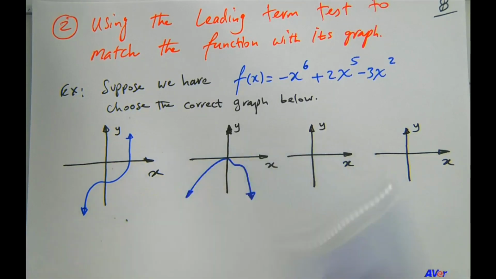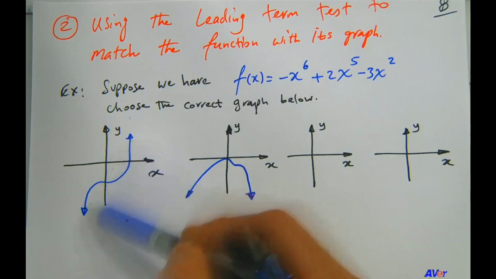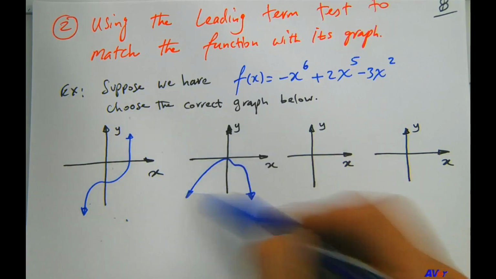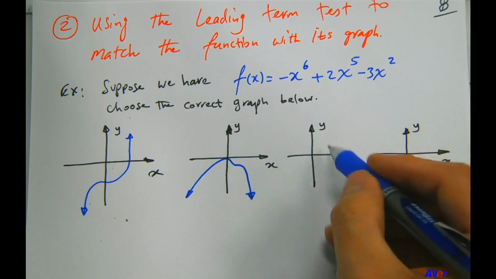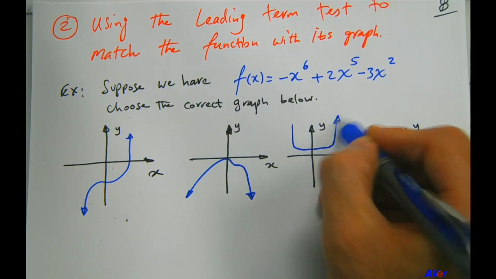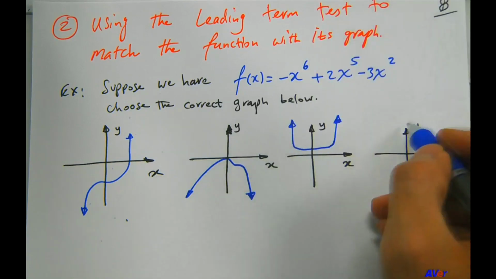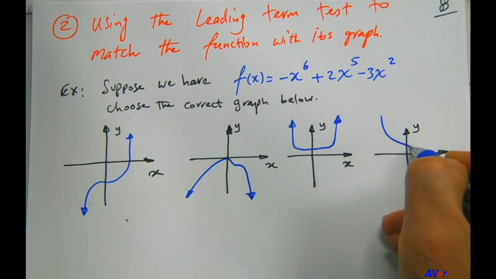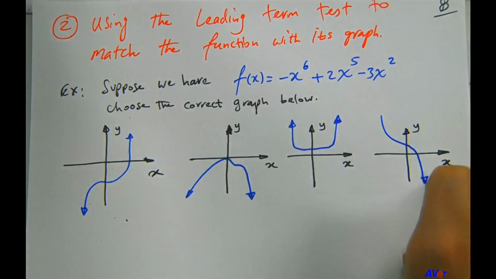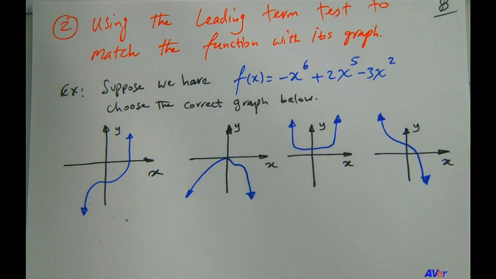Right? Notice already you see the pattern, right? This one, the ends are pointing in opposite directions. This one, the ends are pointing in the same direction. This next one, once again, the end points are pointing upward. And again, this one, the end points are pointing in opposite directions.